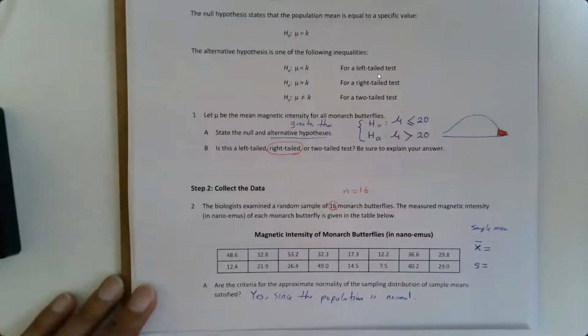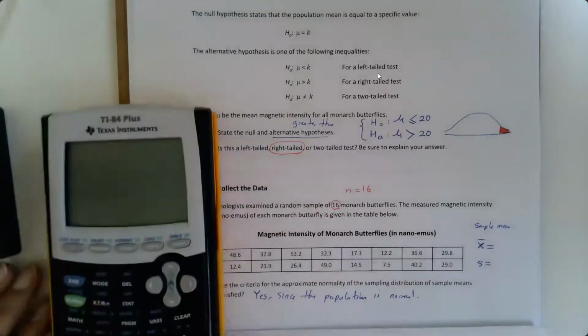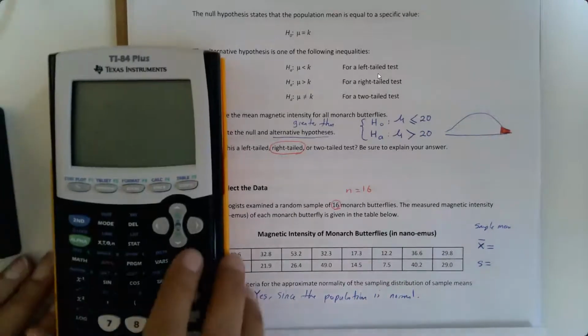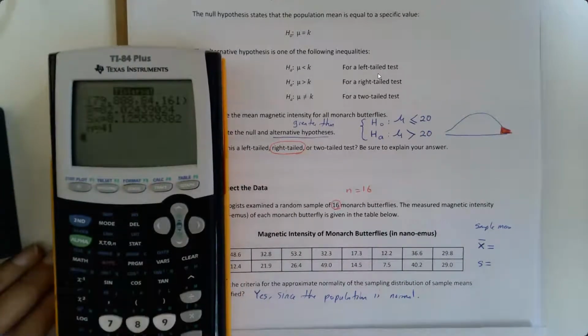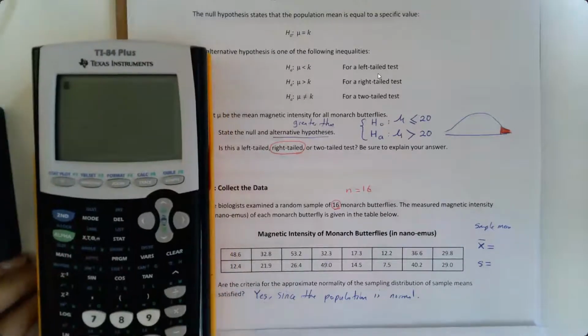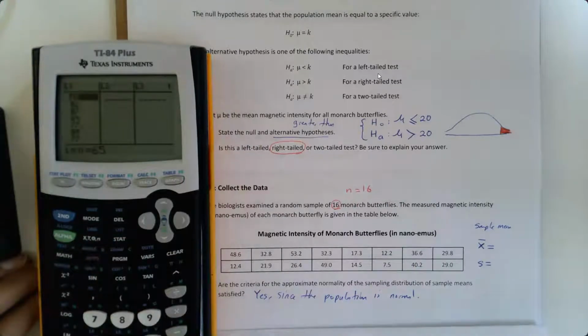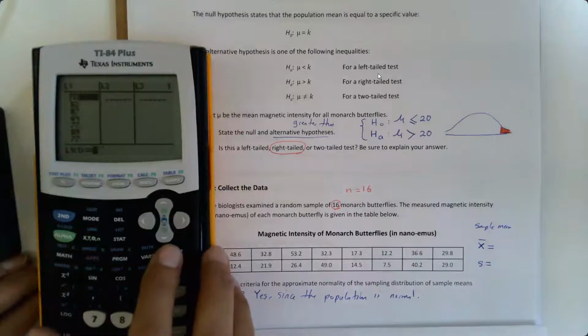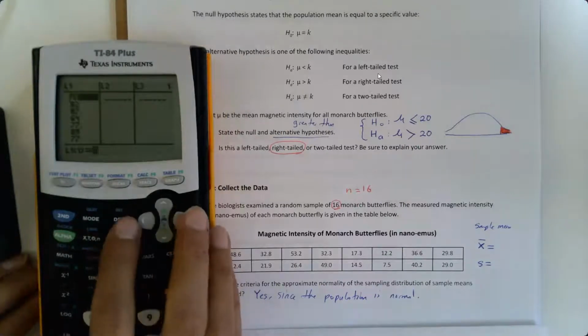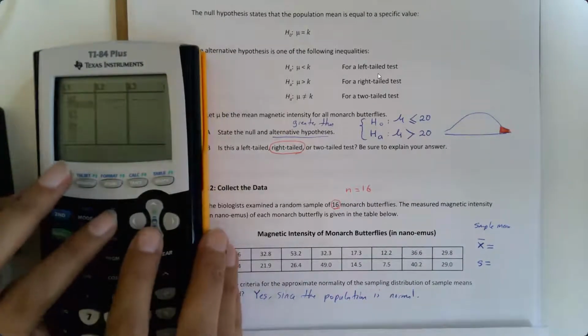Let's move this a little bit here. Calculator. So let's turn on the calculator, clear this. Let's go to Stat, Edit. So we're going to clear all of these, delete them one by one.